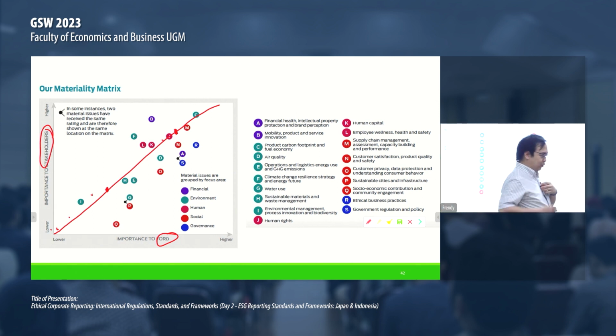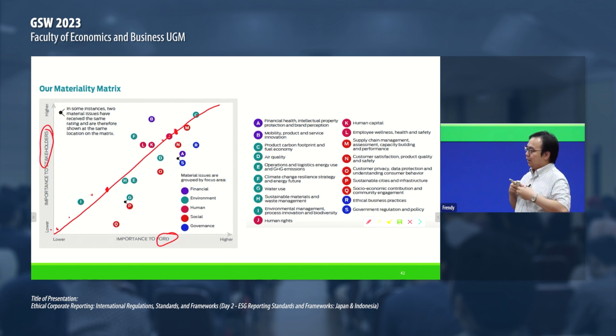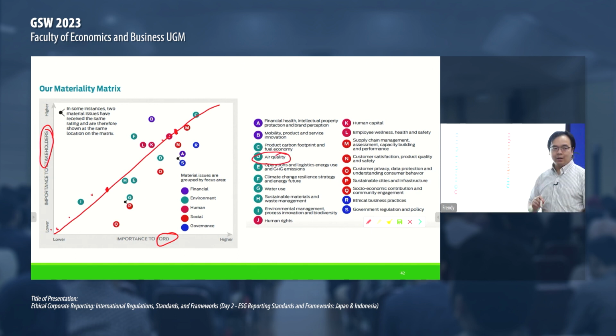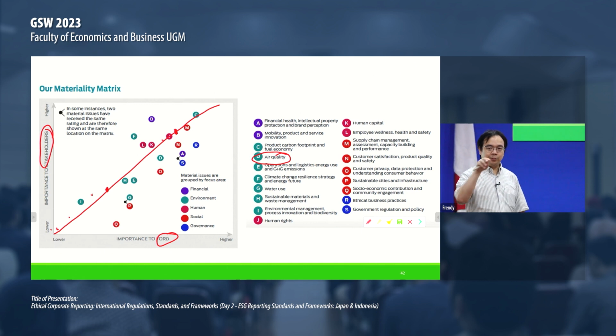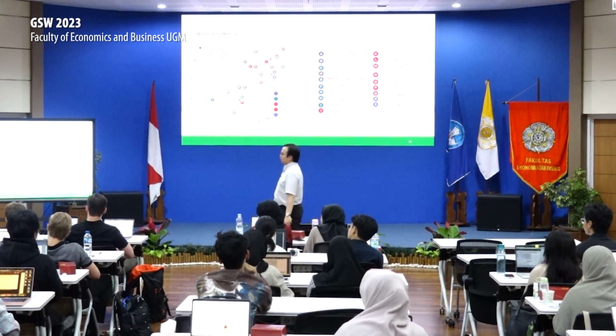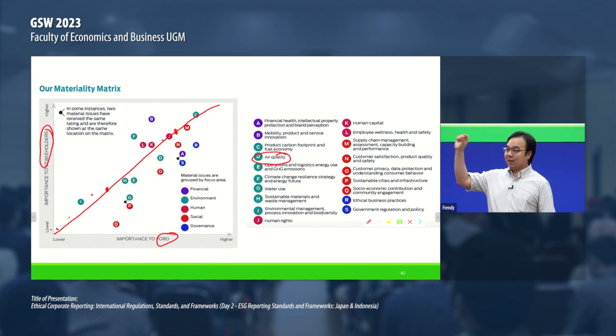Okay, could anyone try to interpret this matrix? Let's take a simple example. Air quality, okay? If the air quality falls within that 45 degrees line, what does it mean? Yes? It has equal importance to both the company and the stakeholders. Yeah, excellent. It has equal importance for both Ford and the stakeholders, which is ideal, right? And it doesn't really matter if the importance is high, medium, or low, okay? As long as it matches, okay?